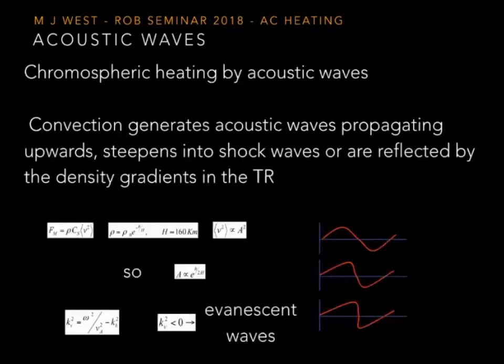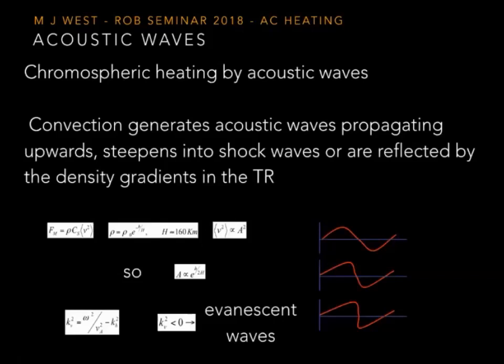And so with the acoustic waves, this is sufficient for chromospheric heating. The convection generates acoustic waves propagating upwards. These steepen into shock waves or are reflected by density gradients, and they're able to actually deposit their energy in the lower chromosphere.